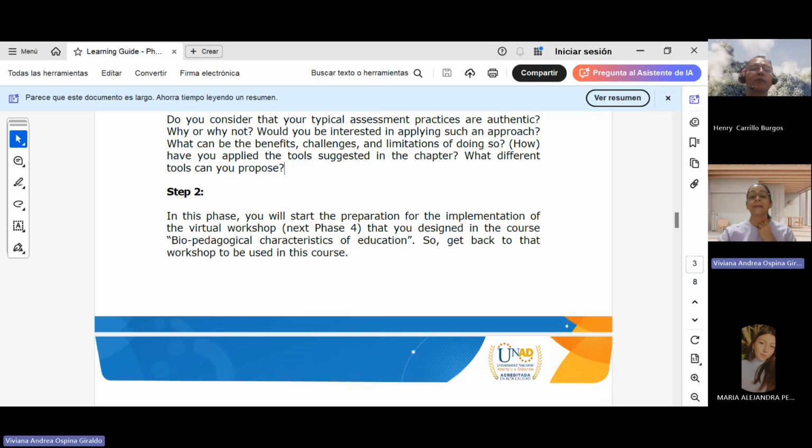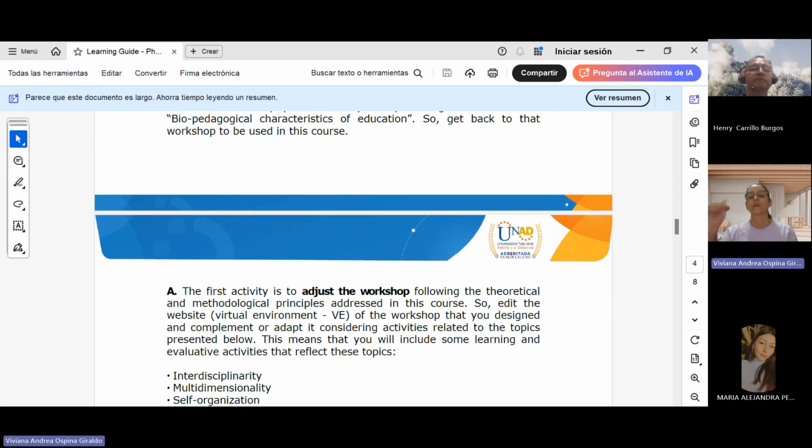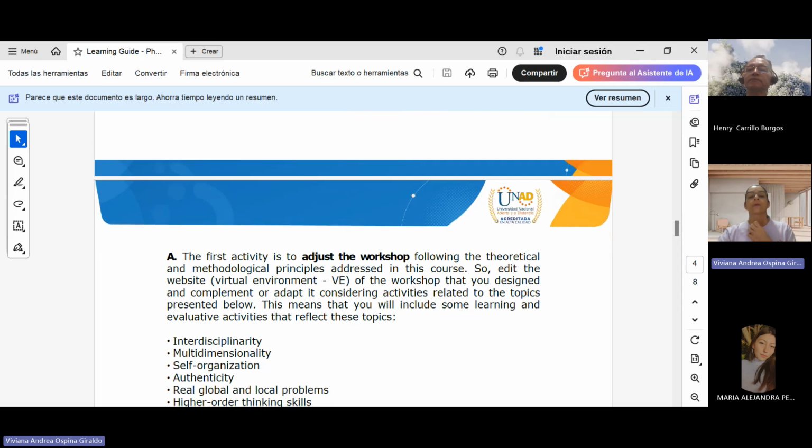In this phase, we are going to take the virtual workshop that you did during your biopedagogical characteristics of education. You are going to get that workshop and work on it for this course. You are going to adjust it following the theoretical and methodological principles addressed in the course.